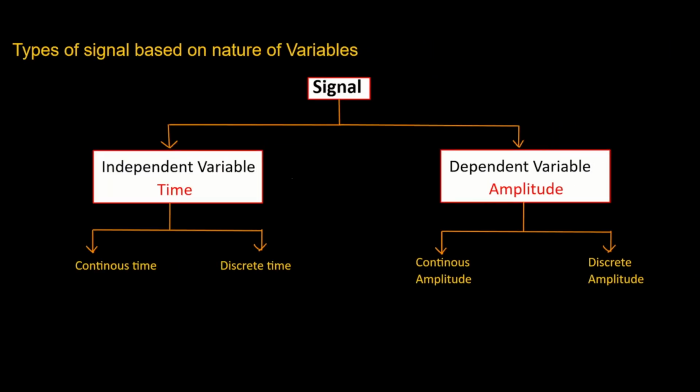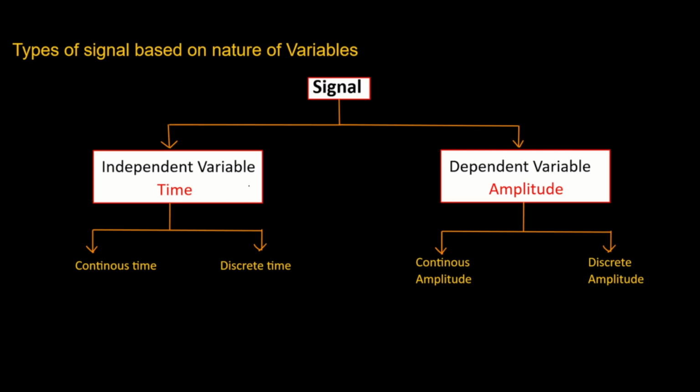Let us go into the types of signals. We will first study the signals based on the nature of variables. Here we have the independent variable, which is time, and the dependent variable, amplitude. Keep in mind, the independent variable will not always be time. It can be another variable also, and the dependent variable may also differ in some cases.